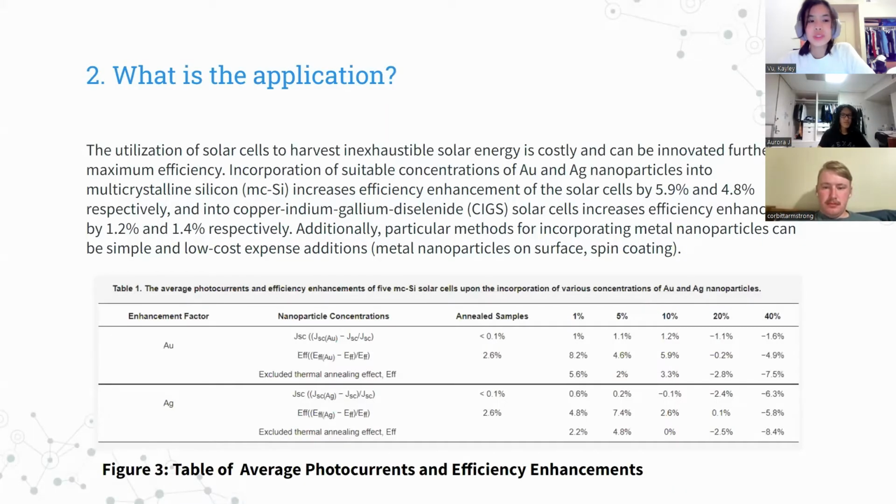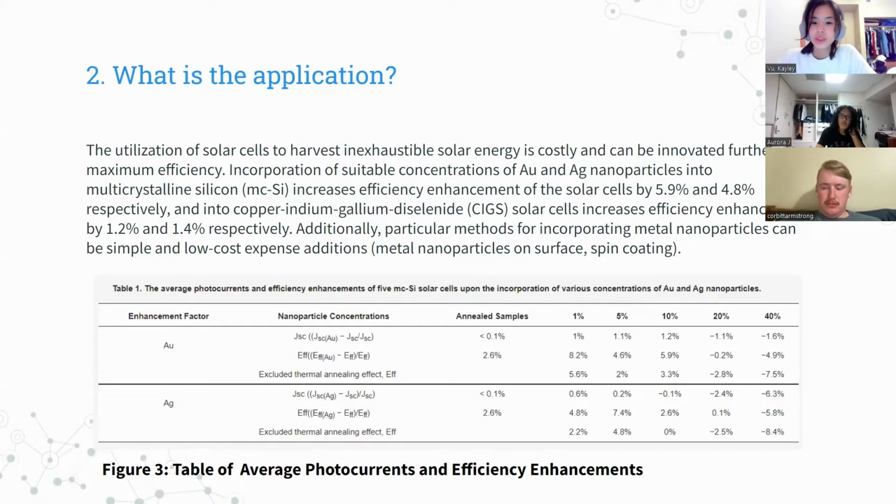So moving on to the second question of what is the application? The utilization of solar cells to harvest inexhaustible solar energy is costly and can be innovated further for maximum efficiency. So we can do this by incorporating silver and gold nanoparticles into multicrystalline silicon solar cells and copper indium gallium diselenide (CIGS) solar cells.